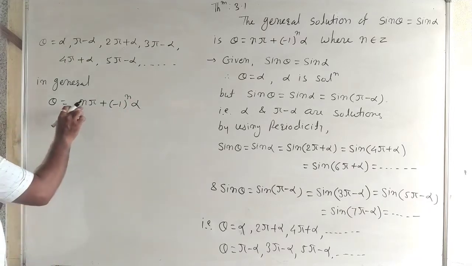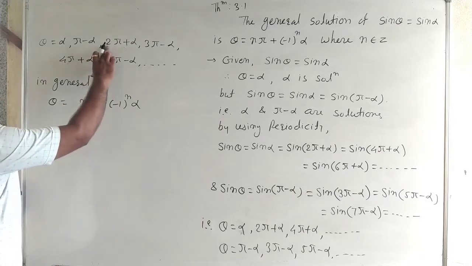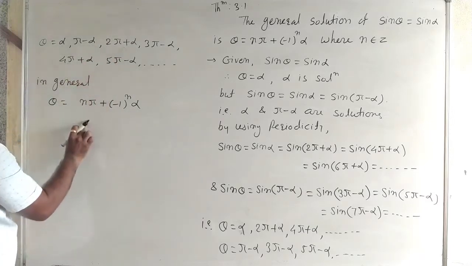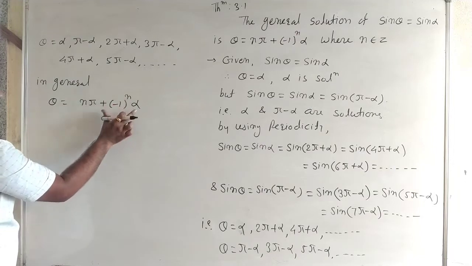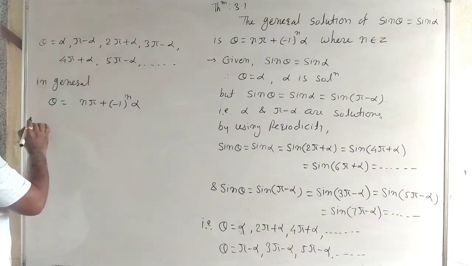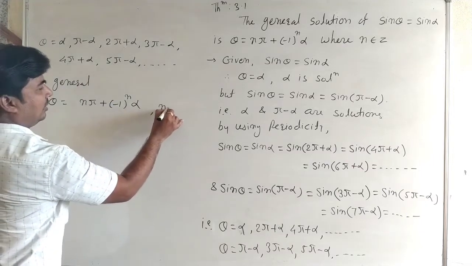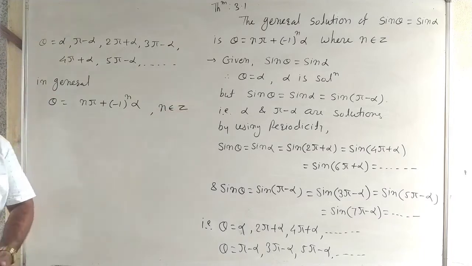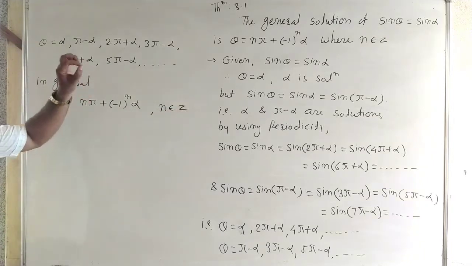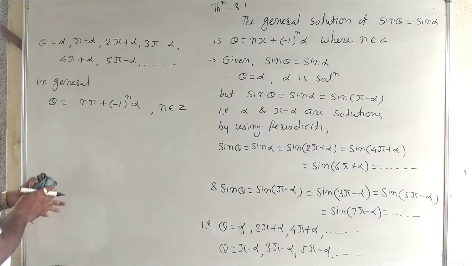That means when n is even, alpha is positive, and when n is odd, alpha is negative. And here it is the general solution of the trigonometric equation where n belongs to Z. See carefully this. It is the first theorem: sin theta is equal to sin alpha. Now the second, cos theta is equal to cos alpha.